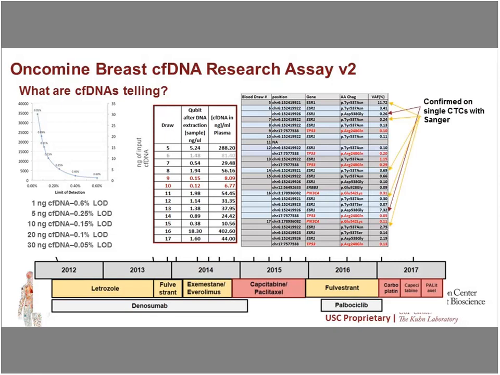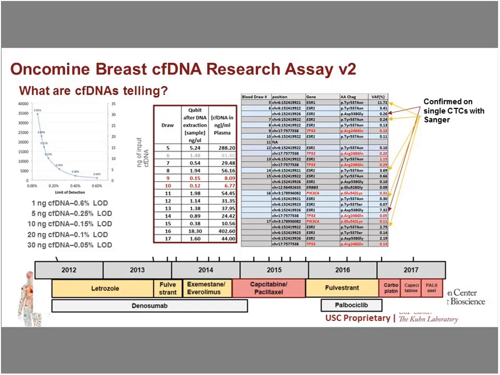And as we said, at the same time, we were trying to find the ESR1 mutation at the single-cell level. And all these arrow-pointed mutations were confirmed in our single-cell CTCs with Sanger sequencing. We found ESR1 mutated cells as early as in draw 3.